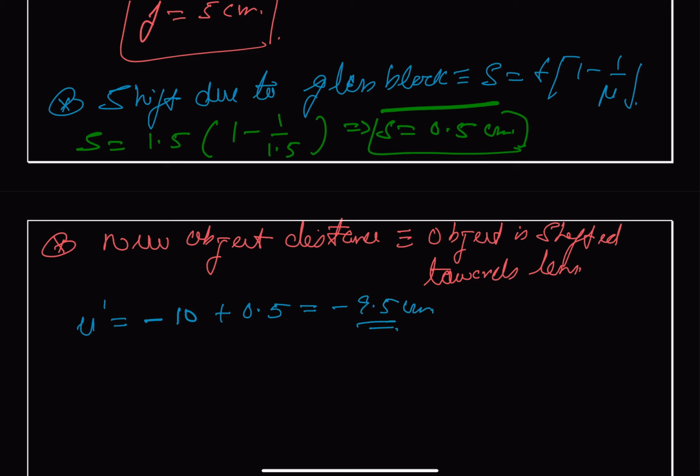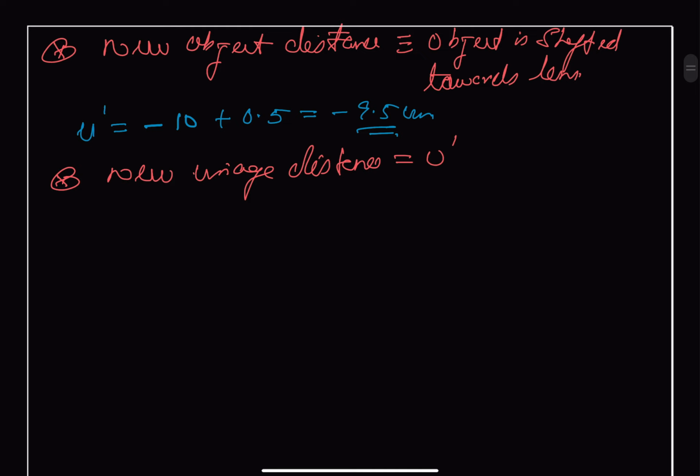Based on this, we are going to find out the new image position, the new image distance, given as v prime. So we can use the formula 1 upon f is equal to 1 upon v prime minus 1 upon u prime, and this comes as 1 upon v prime plus 1 upon 9.5.